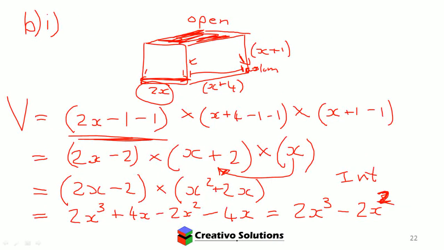What did they say in B? They said find the volume of the inside of the box and show that the volume of the wood is 8x squared plus 12x cubic centimeters. Great, so now I'm going to have to look at external, meaning how much space the actual box takes up as a whole.